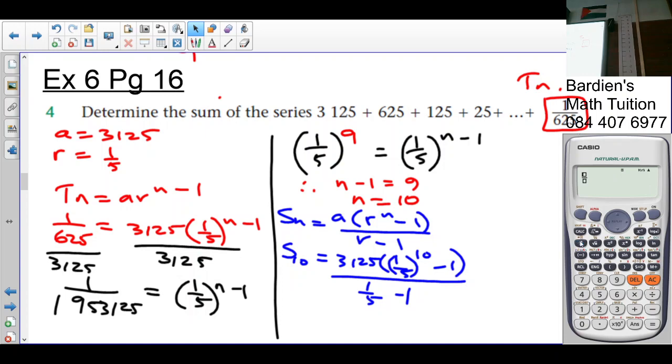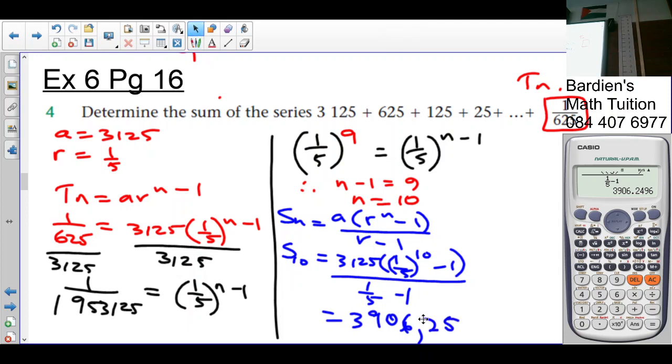So it's going to be 3125 open brackets 1 over 5 raised to the exponent 10 minus 1, over 1 over 5 minus 1. Is that correct? 3906.25.